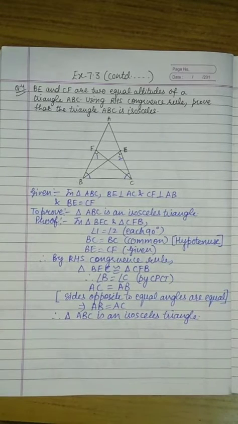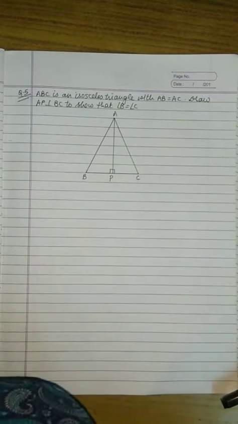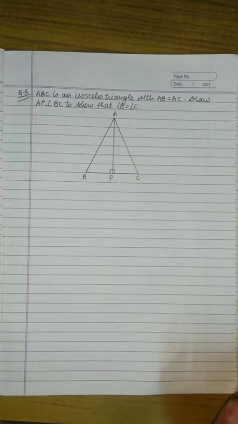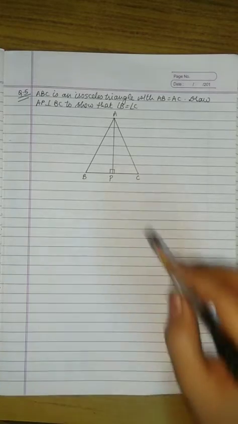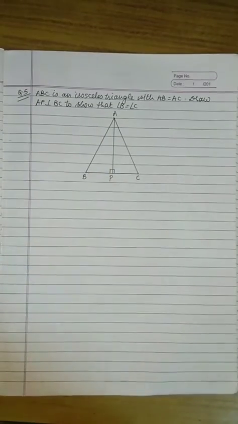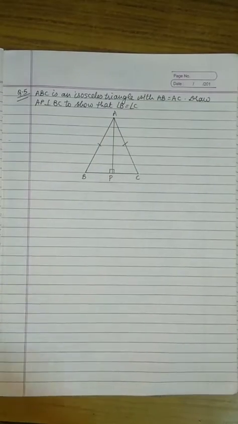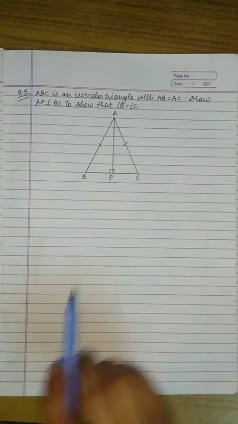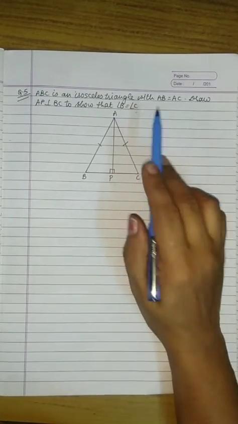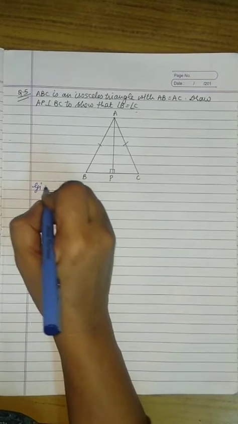Now moving to question number 5 of this exercise 7.3. Yes students, in question number 5 what is given to us is that ABC is an isosceles triangle in which AB is equal to AC and we have to draw perpendicular AP on side BC and we have to show angle B is equal to angle C. So what is given in this question?